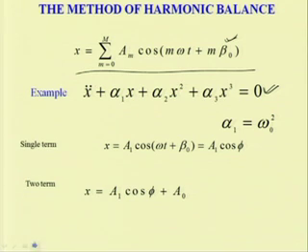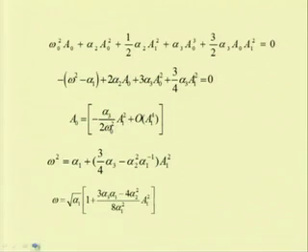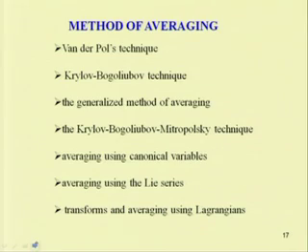So, in today's class we will study the method of averaging, which is a variational technique. There are several techniques available to find the solution of a nonlinear differential equation.